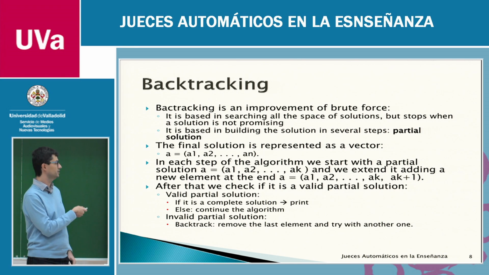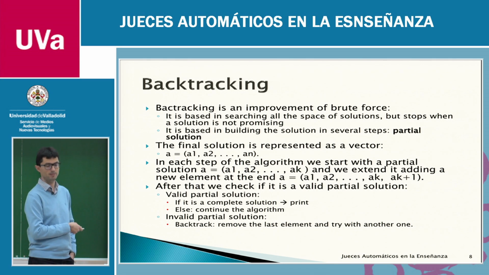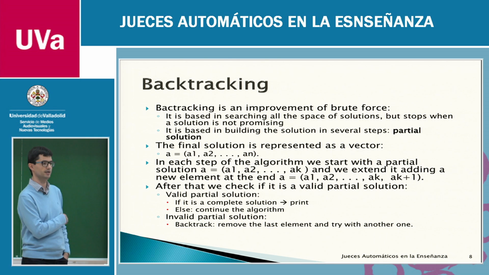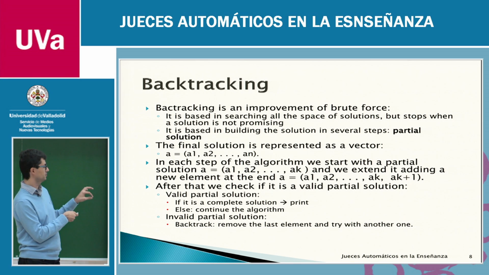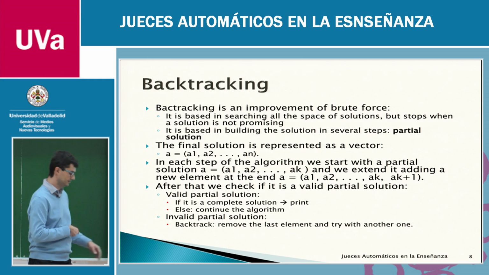So if it's complete, you find the solution, so you can print it or do whatever has to be done. If it's not the final solution, you continue with the algorithm. But if you find that it's not a promising solution or it's an invalid partial solution, you stop checking this branch and backtrack, removing this last element that is not appropriate, and try another one.